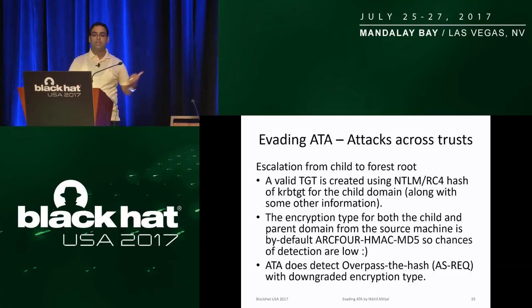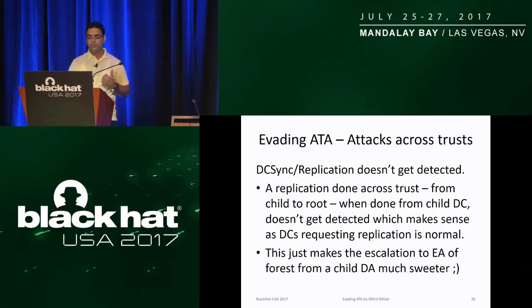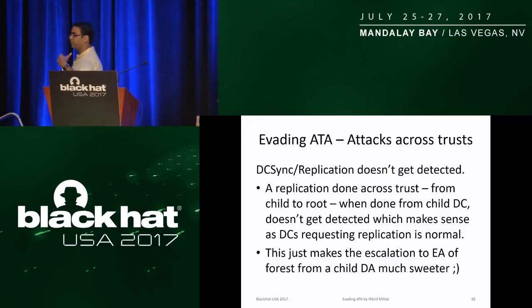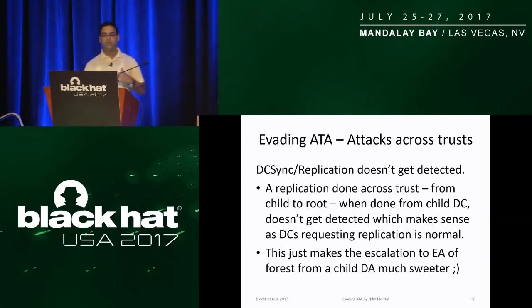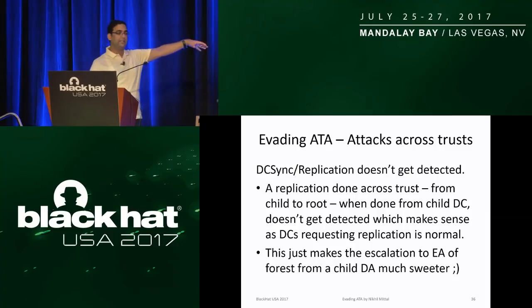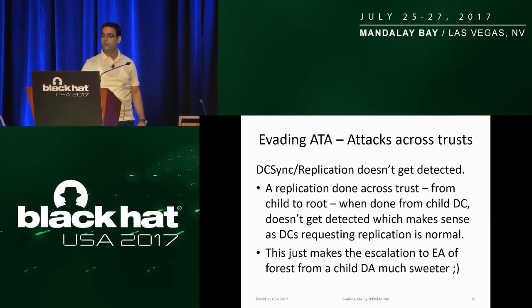Why? Because that inter-realm TGT is still using an RC4 hash. So no detection. If you run a replication or a DC sync from a child domain controller, during my testing, that was not detected. Right? So that is the only DC sync bypass or avoidance I know of.